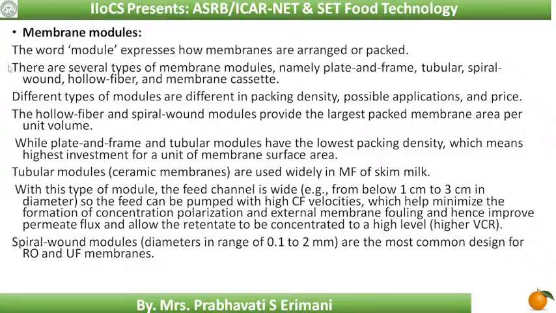Also in spiral wound modules the diameter ranges from 0.1 to 2 mm, so thin. The most common design for RO and ultrafiltration is the spiral wound membrane.